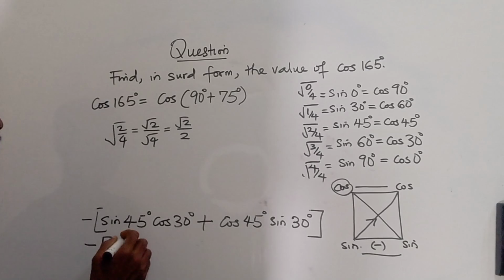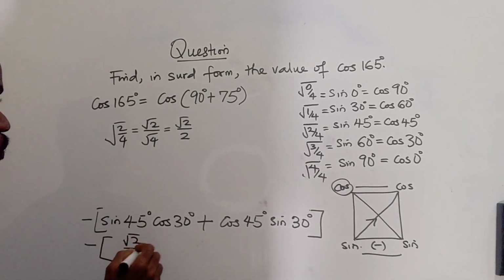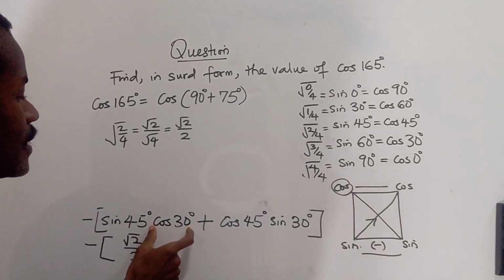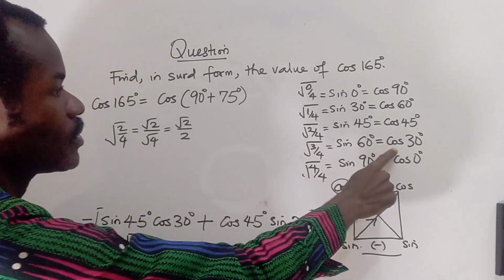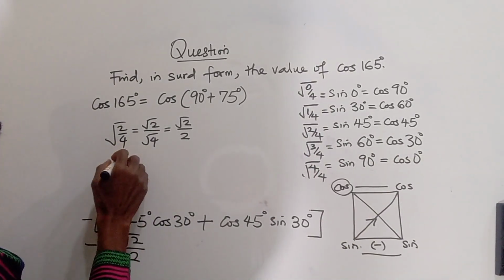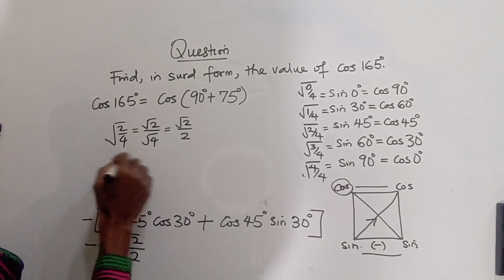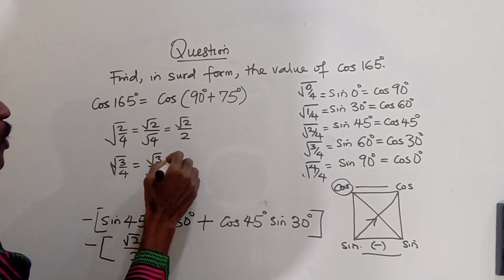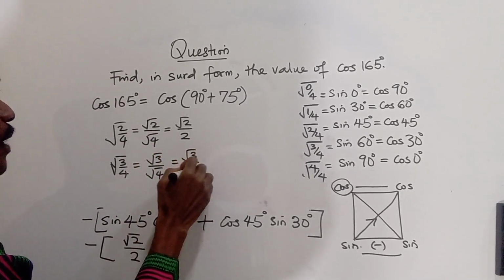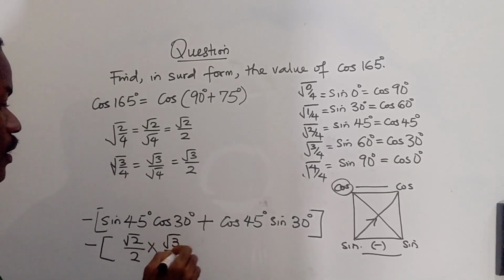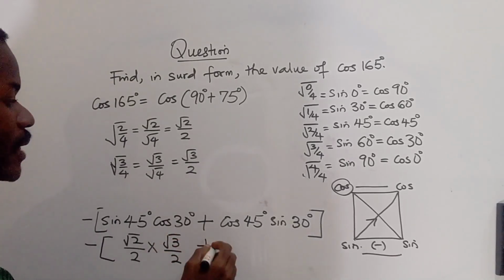Now the next is our cos 30, which is square root of 3 over 4, which we can write as square root of 3 over square root of 4, which is square root of 3 divided by 2. So this multiplied by square root of 3 divided by 2. So we have plus.